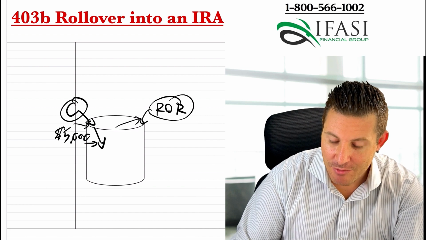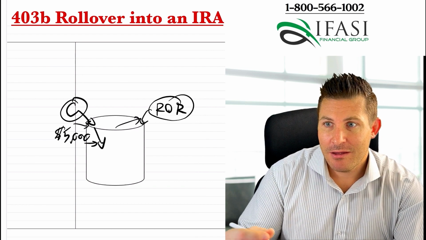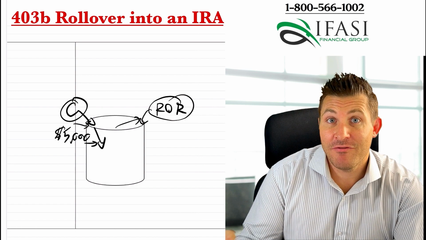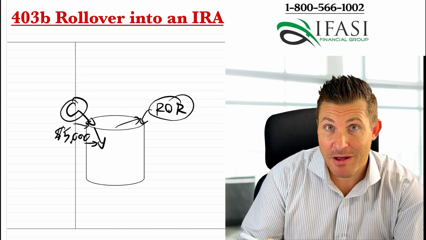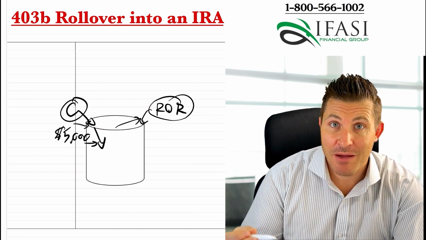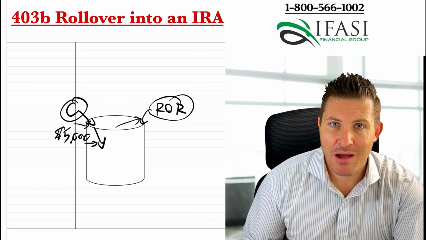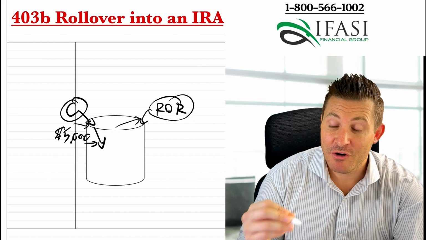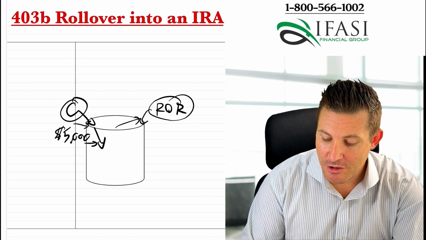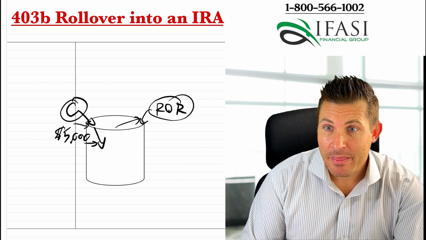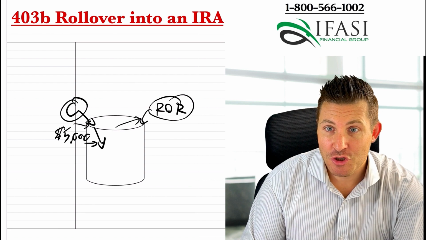Now, on the opposite side, we understand with the 403b, the detriment was the limited funding options in there, typically about 10 to 25 different investment options that somebody could choose. With an IRA, you have thousands of different investment options and thousands of different customization options that you could leverage on this rate of return side. So let's say somebody was super aggressive.